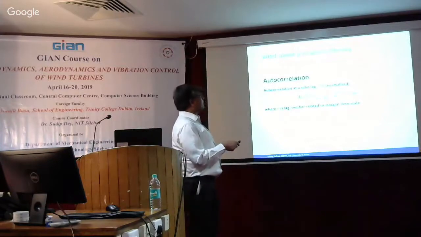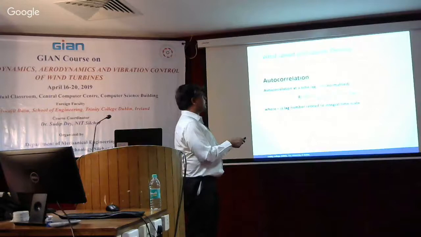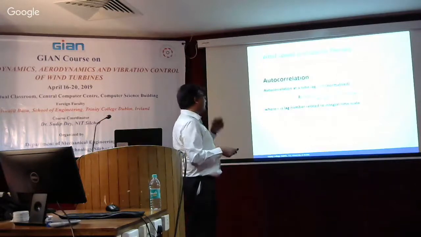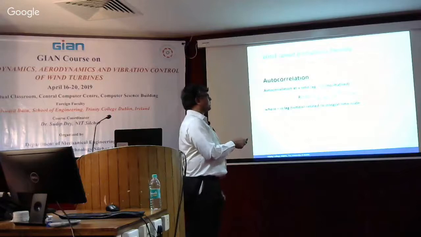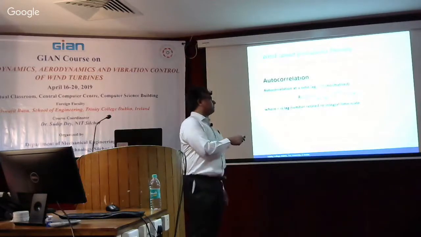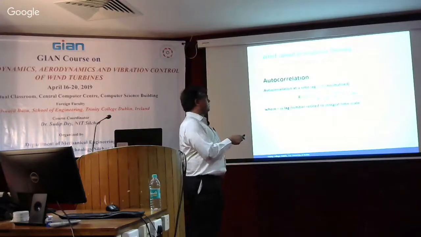And we take the correlation between the two. So take the product, and then over a window, say, i from 1 to ns minus r, we take the average of this product, divided by, not really the average, divided by the variance square for the same window.